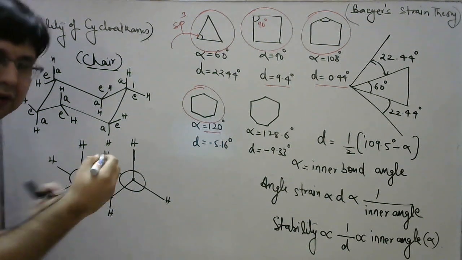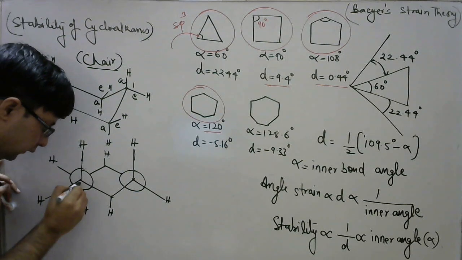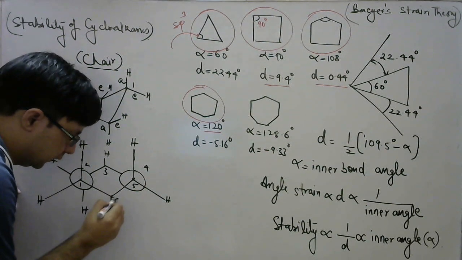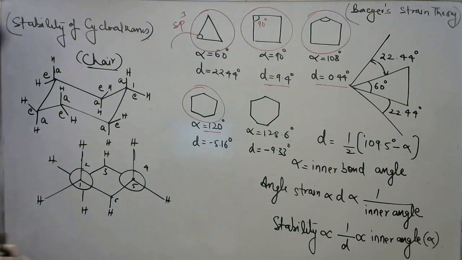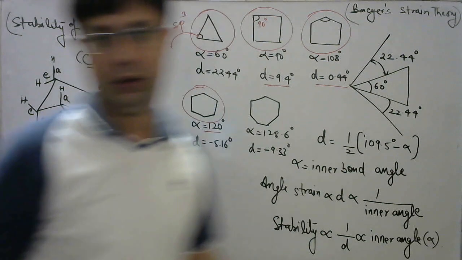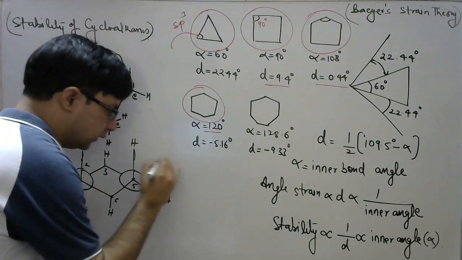If I number the carbon atoms, it is 1, 2, 3, 4, 5, 6. This is the shear form of the cyclohexane molecule, and it can be said to be what form? The staggered form.